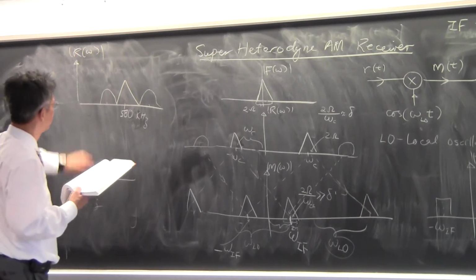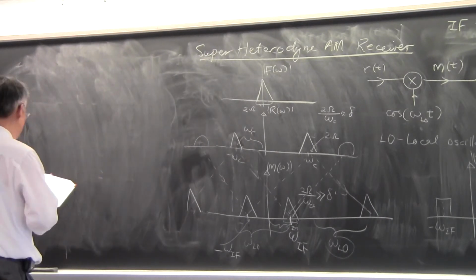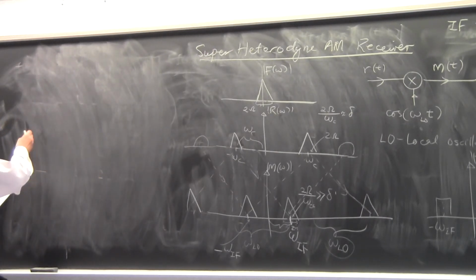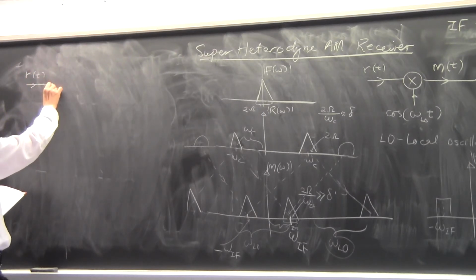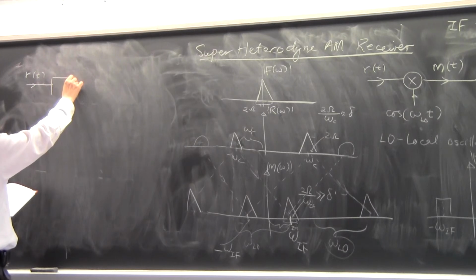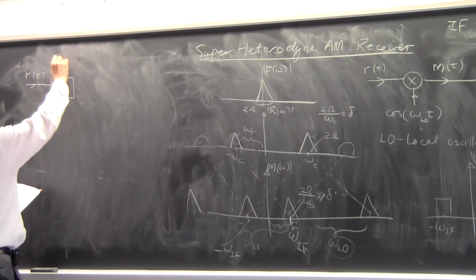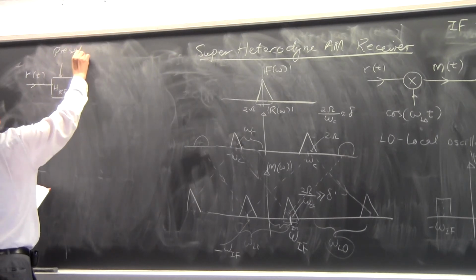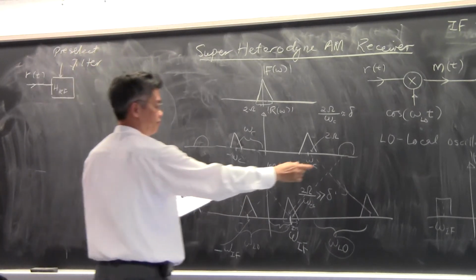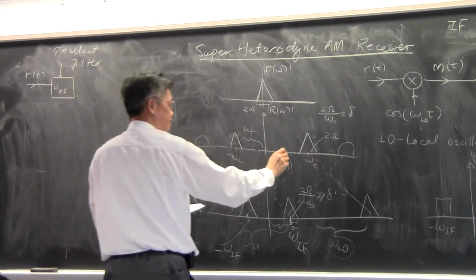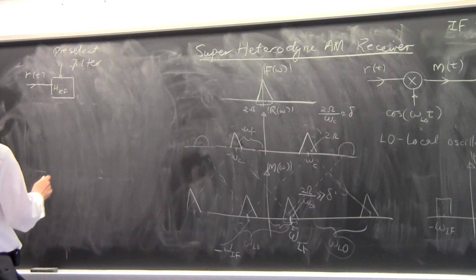In order to get rid of this kind of image station interference, you have this RF, and then you have a pre-selected filter. Okay, that will get rid of things like that. You just design a filter to pick up this, and the filter does not have to be high quality.